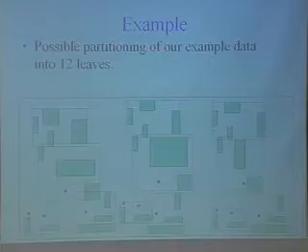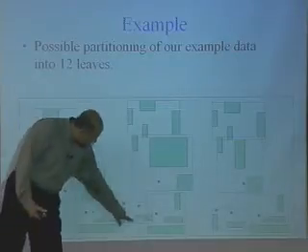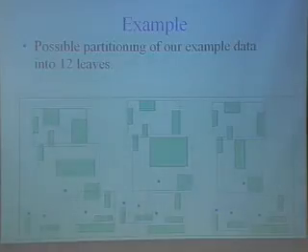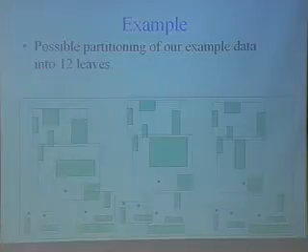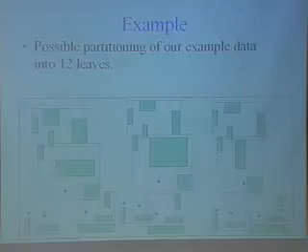No group has more than 4 rectangles in it. Some of them don't have 4. For example, this one here only has 3. Okay. But the only requirement is that you got to have at least 2. Okay. All right, so this is a possible grouping of my data objects into data nodes.